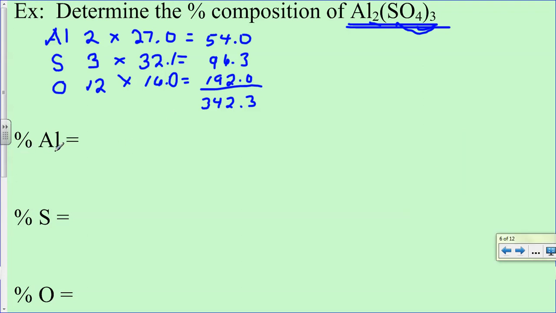So we want to figure out the percent aluminum, and we want to take the total amount of aluminum that we got. That's 54. Not the 27, but 54. And then we're going to divide by the total.